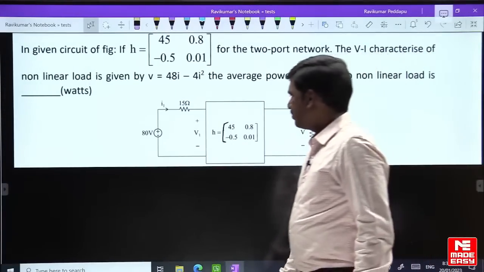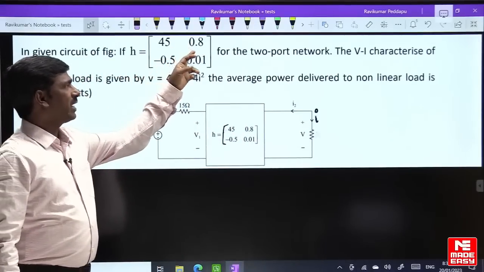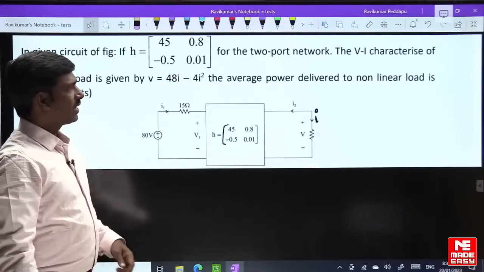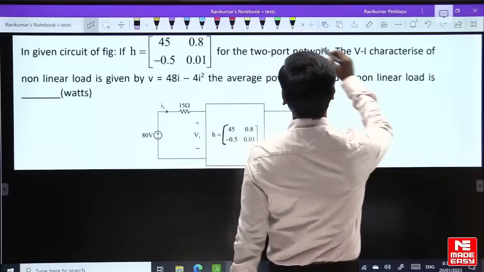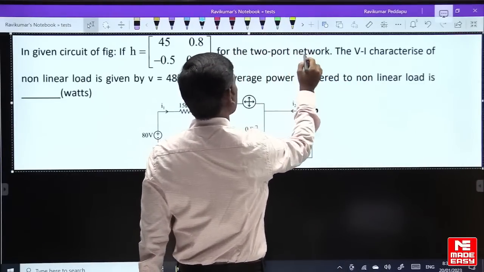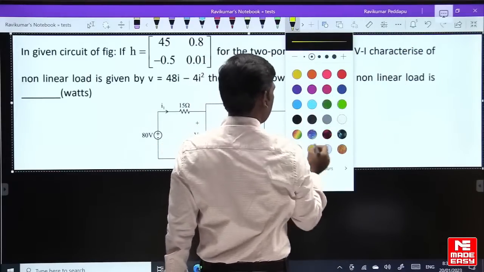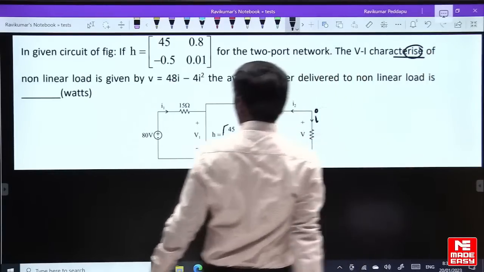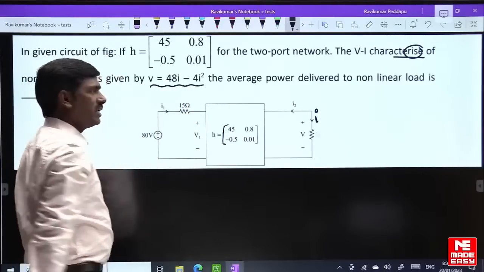The given circuit of the figure, H parameters are given: 45, 0.8, minus 0.5, 0.01. For the two-port network, the VI characteristics of the nonlinear load is given by 48I minus 4I square.